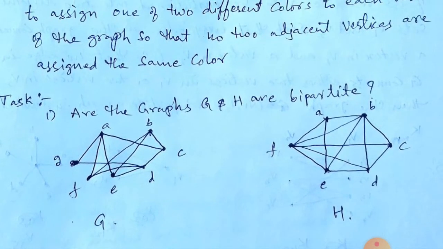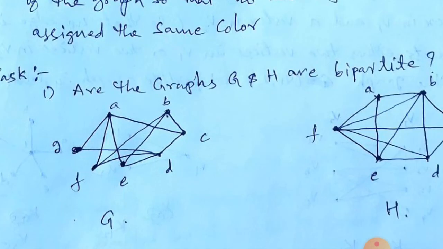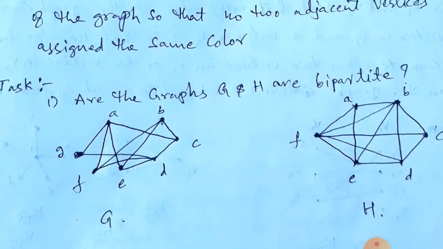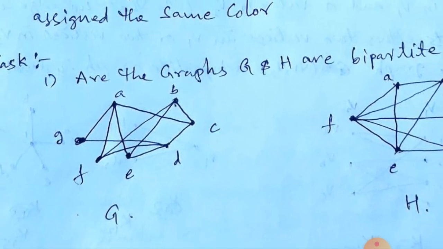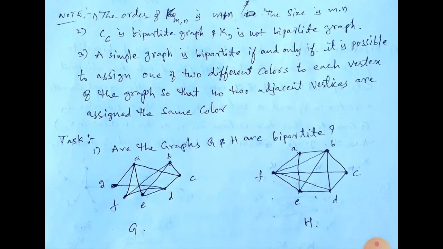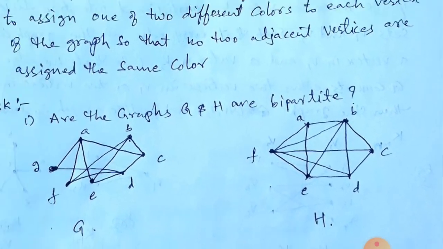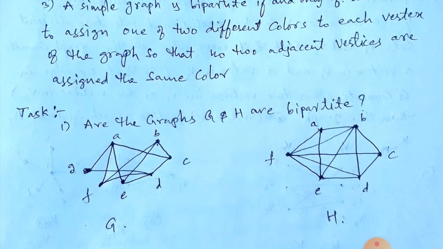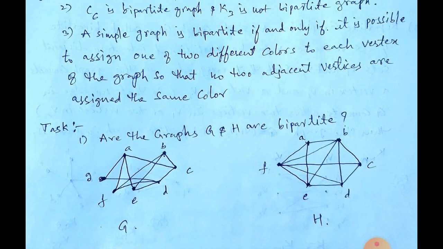Are the graphs G and H bipartite? You can divide all the vertices into two sets, and then there is an edge from a vertex in one set to a vertex in the other set. Observe like that, and in H also, whether G and H are bipartite or not. Thank you.